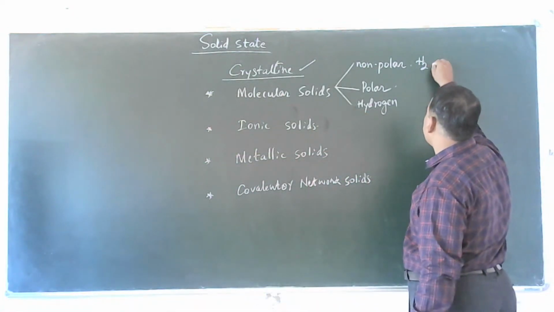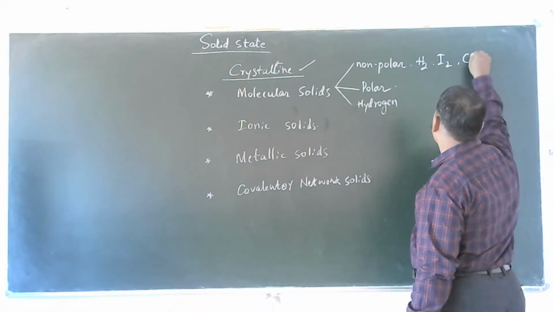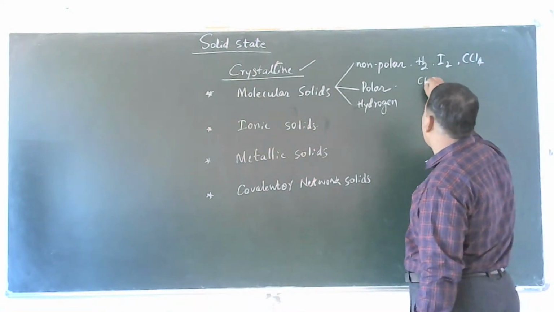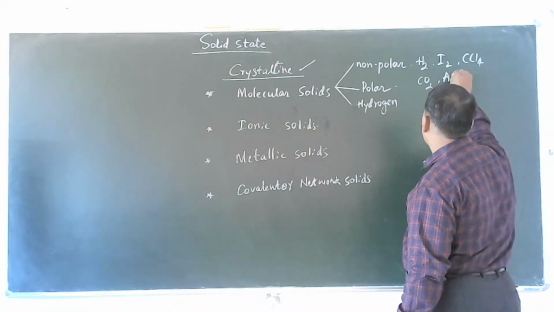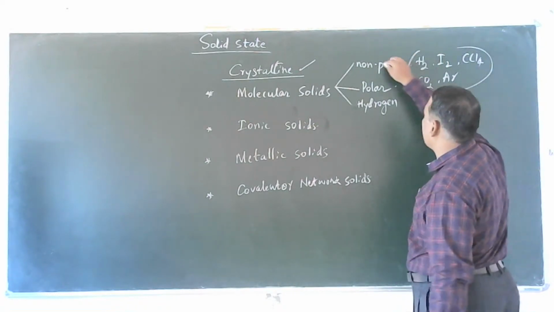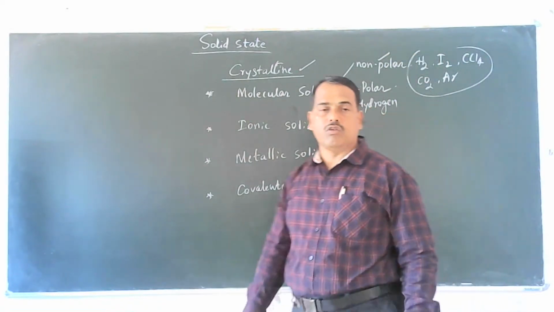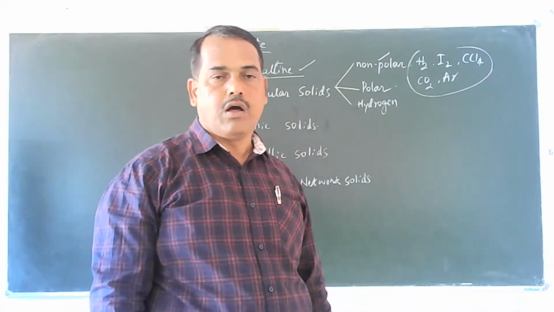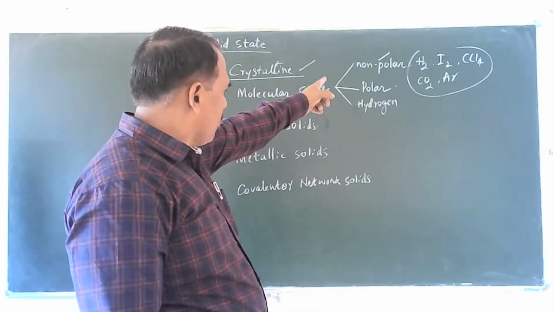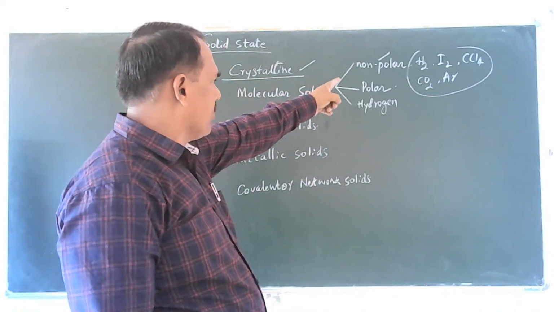Take for example hydrogen, iodine, even carbon tetrachloride, even carbon dioxide, then argon, all these are examples of non-polar molecular solids. Are you clear?